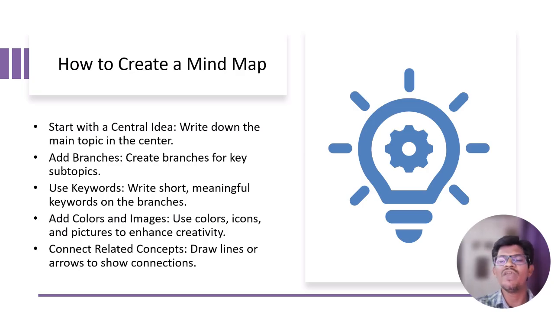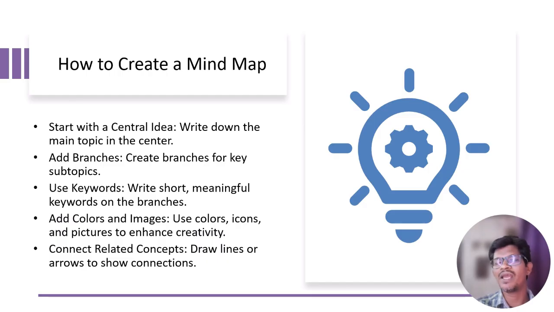So like that, we can create a mind map by using these characteristics, such as we need to have a central idea which is the center of the theme, and then we add branches. These branches will be considered as the subtopics, and then we can use keywords, which should be short and meaningful, and we can write them on the branches.